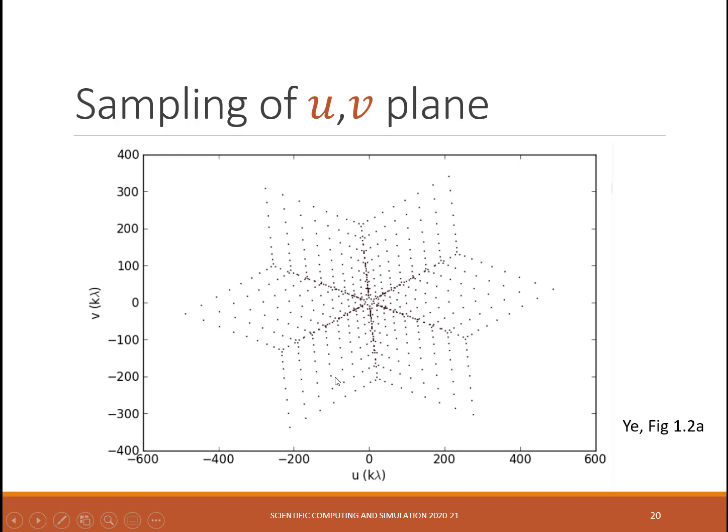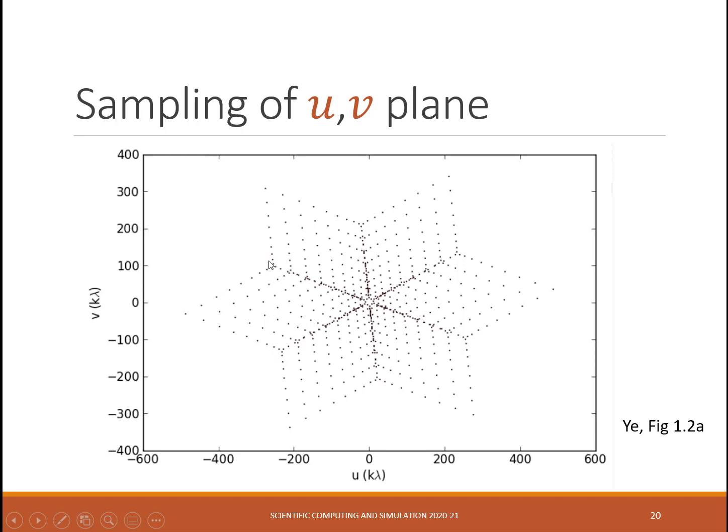The horizontal axis corresponds to U, and the vertical one shows values for V. The values of U and V have been calculated using the formulas presented in slide 16. In this example, the wavelength lambda is considered to be 7.5 cm.